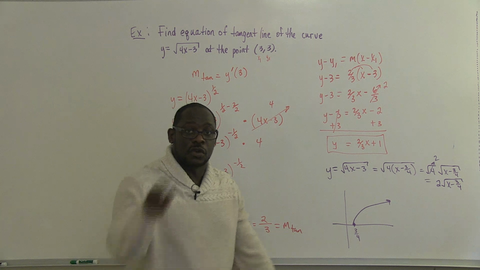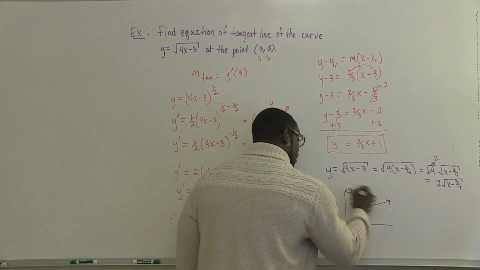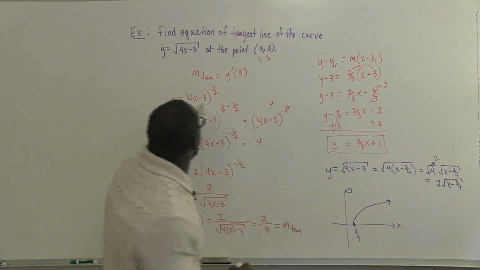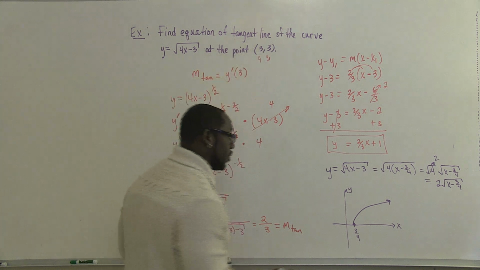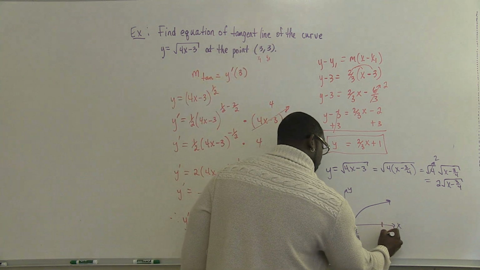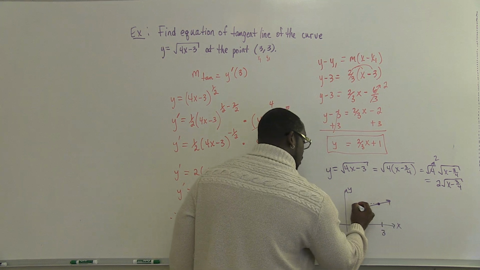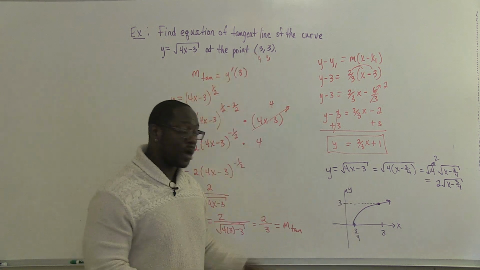Because of course, square root function kind of looks like that. And so from here, we know that we're trying to figure out what is going to be the equation of the tangent line when x is equal to 3. So if x is equal to 3 is here, then it has this point. And of course, we know that when x is 3, according to what the problem said, y is 3.